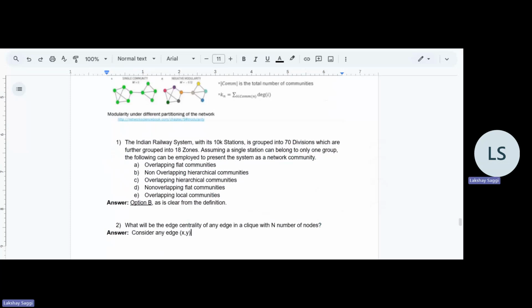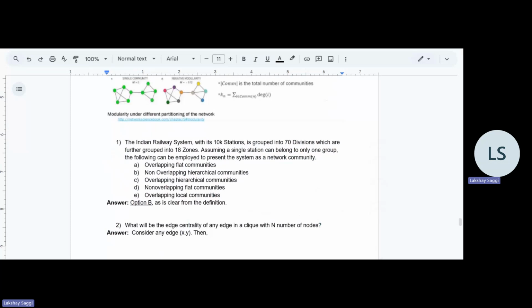We'll just see. Consider any edge x comma y. Then in which shortest paths will this edge x comma y appear? Because in a clique, between any pair of vertices, the shortest path is of length 1 only. So the only way this edge can appear in a shortest path is when you are considering just the pair x comma y, and in no other pair will this edge appear.